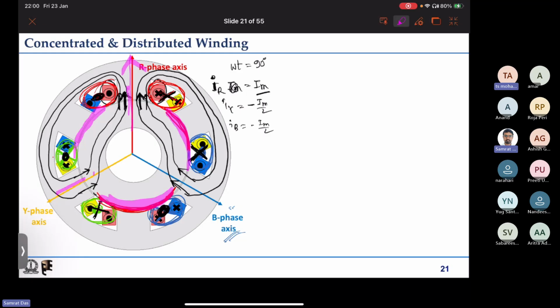Okay, sir. Can you please comment on the harmonic order? Will we get even or odd harmonics? For this case, it may not have half-wave symmetry. If it does not have half-wave symmetry, then it will have even harmonics as well as odd harmonics.